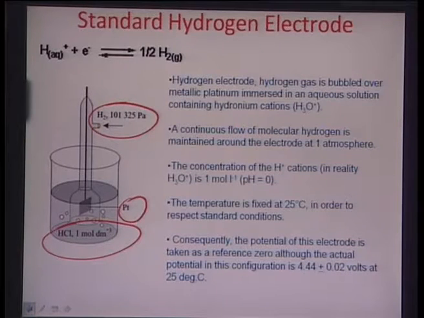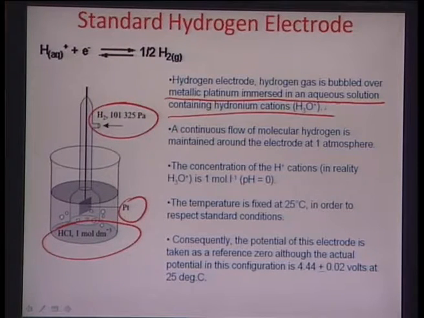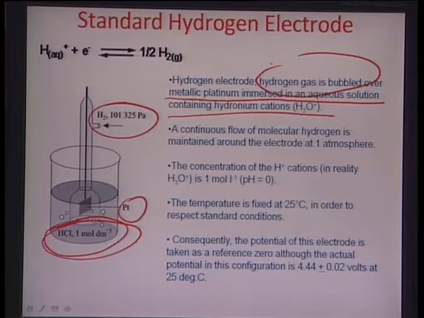So, the standard hydrogen electrode is realized by a metallic platinum immersed in an aqueous solution containing hydronium ions H3O+, which is formulated by a 1 molar HCl in water, and hydrogen gas is slowly bubbled over this, at 1 atmosphere pressure.